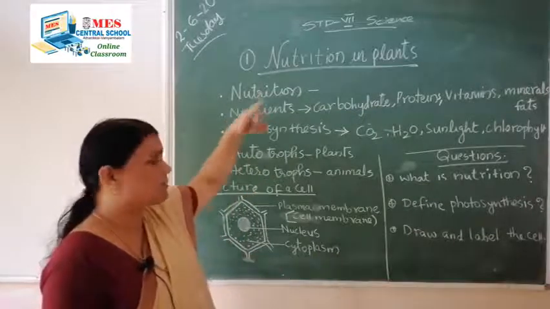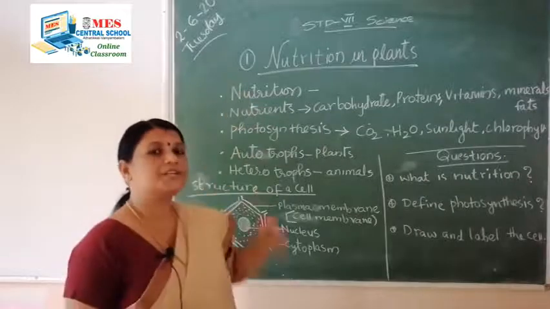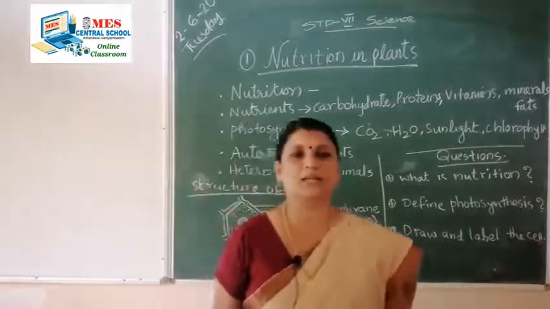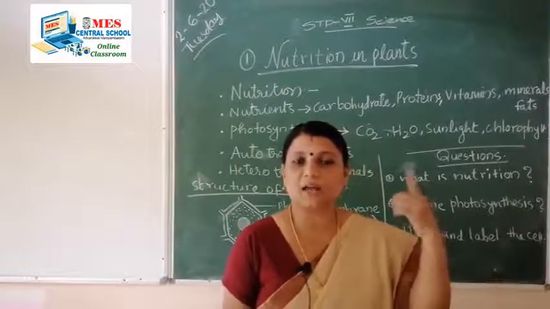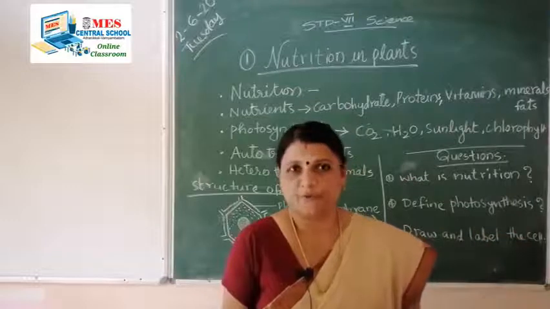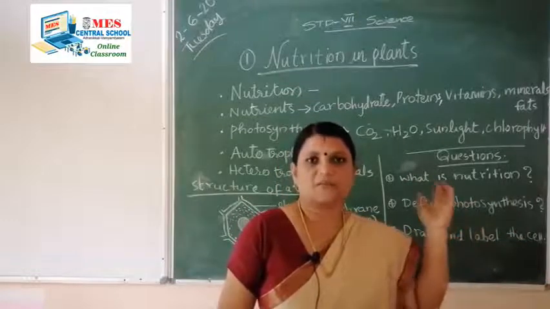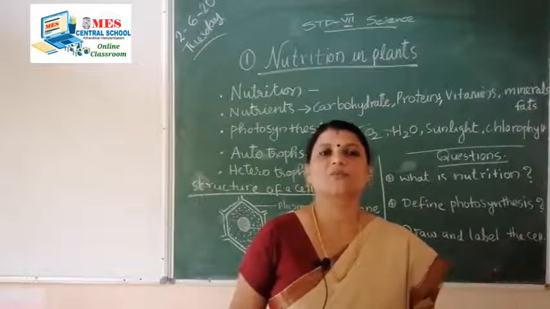Okay, so again I am reminding you. The first one is nutrition. Nutrition means the mode of taking food by an organism and its utilization by the body. And nutrients are the essential components present in the food materials. The examples are carbohydrates, vitamins, minerals, proteins, and fats.